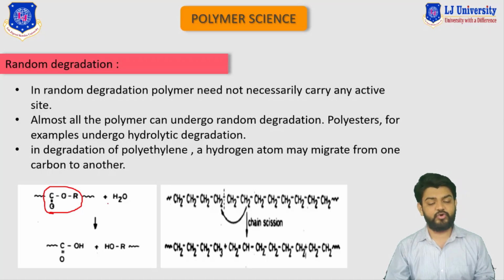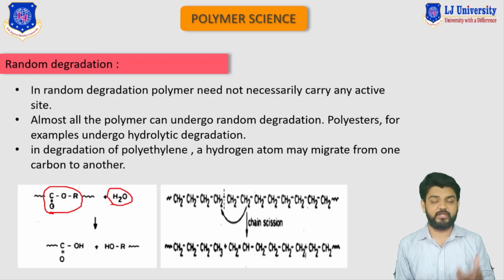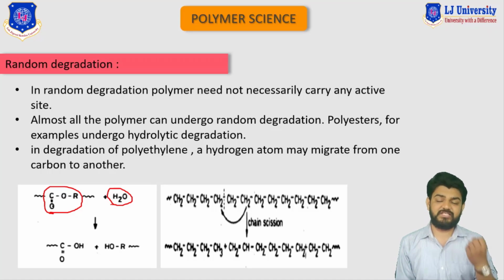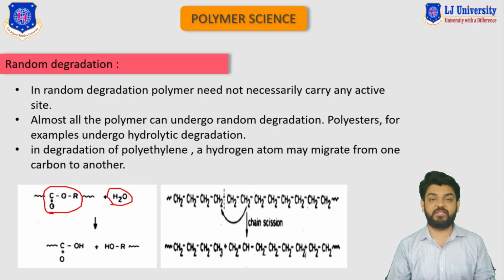So when this polyester combines with water, and polyester is nothing but a kind of cloth, when we wash it, it will degrade, right? This is your practical example. We usually wash our clothes and the clothes start to degrade because ultimately they are made up of the polymer known as polyester. So here is the polyester functional group which degrades when we wash it with water.